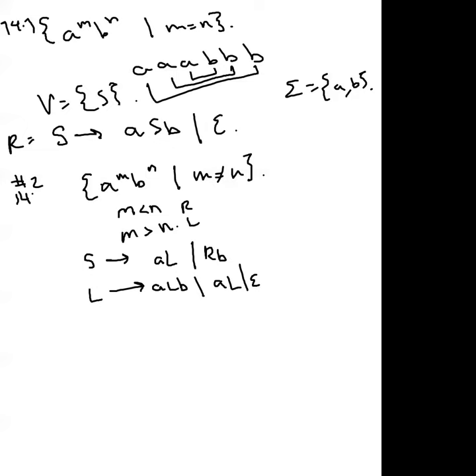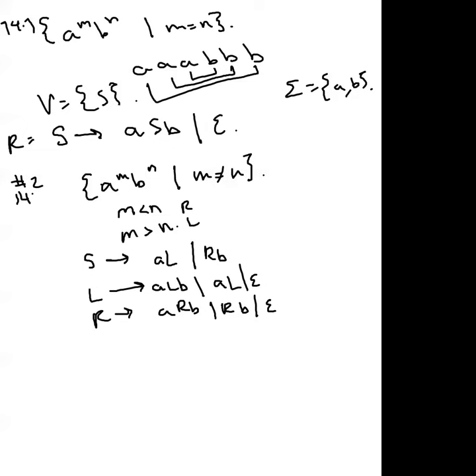Similarly, for R, we can also generate ARB, but this time we'll derive RB and epsilon, and we're always guaranteed to have more B's than we have A's in this case. Now, S is our union thing. So it starts from one start variable and it generates either case. And that brings the L language and the R language together for 14.2.